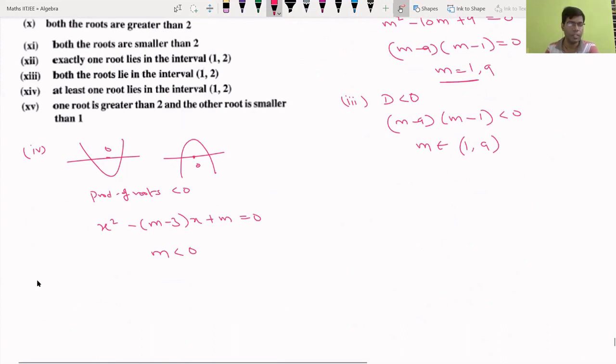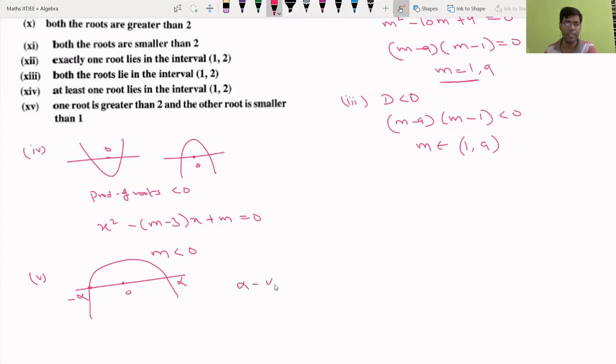So what it means is, this is the origin. This is the roots. Of course, I didn't draw it properly, but if this is alpha, this is minus alpha. So both roots are equal in magnitude, but opposite in sign. So that means they're equidistant from the origin. So in that case, clearly we can see that alpha plus minus alpha, that is the sum of the roots, is equal to 0.